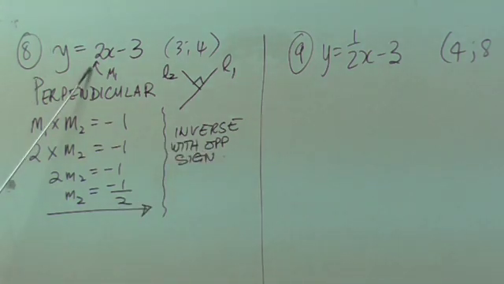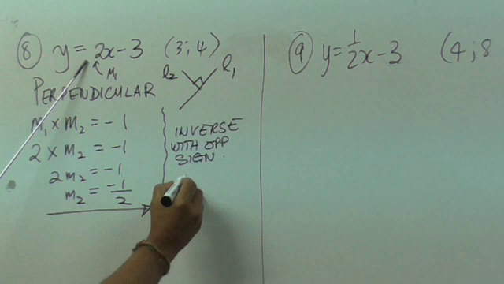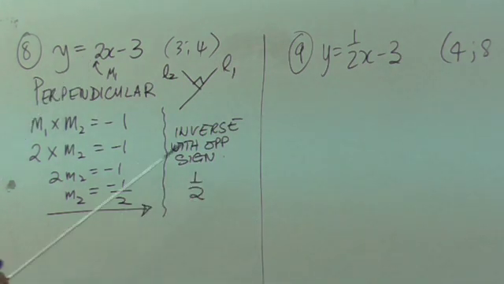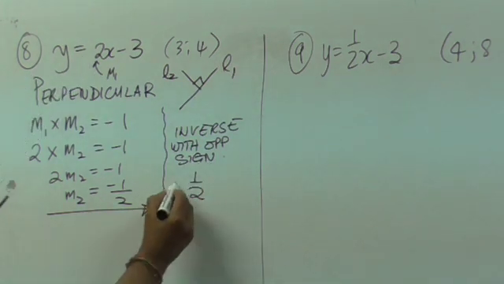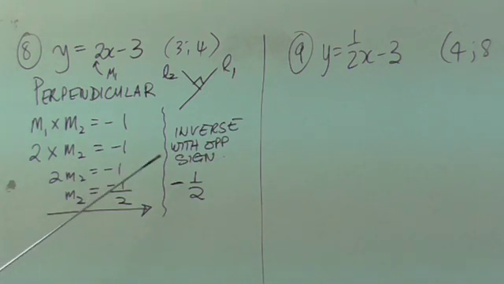So if I take the inverse of 2, it is half. With opposite sign, here it's plus, so here it will be minus. So I can do it like that, if I remember the statement, inverse with opposite sign, or you can remember that the product of the gradients of perpendicular lines is equal to negative 1, substitute and solve.